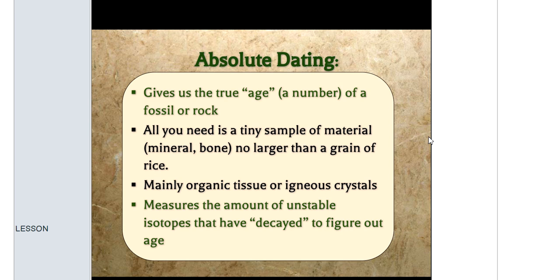You can lose pieces of that element over time, and it turns into something else. That is a very pared down way to explain it, about as basic as you can get. So you lose atoms from the element until it turns into something else, and then you measure how much of each of those elements you have in order to figure out how old it is.